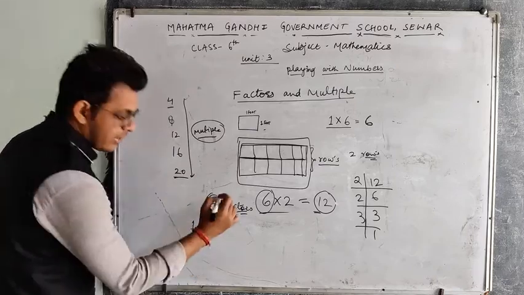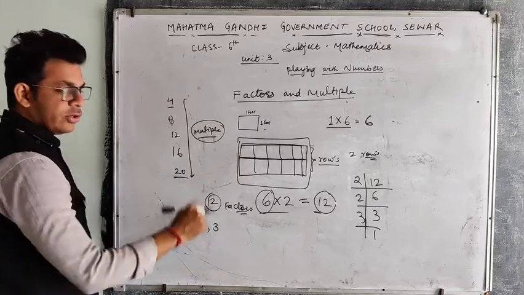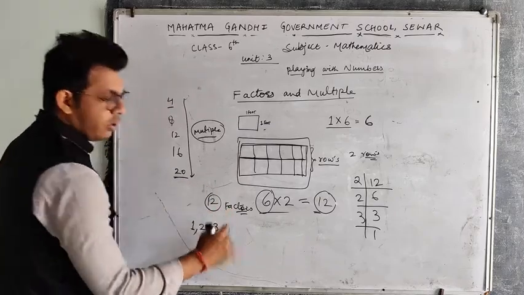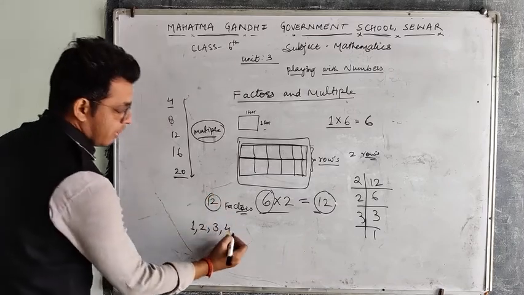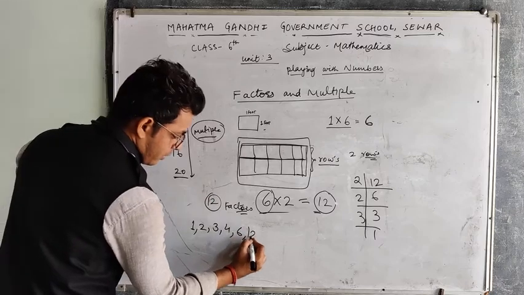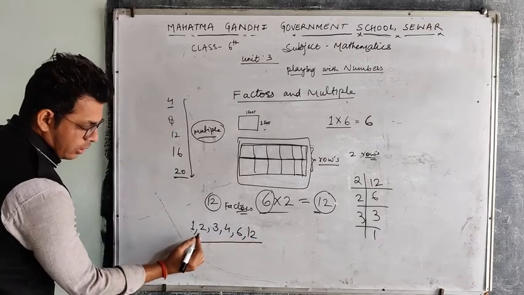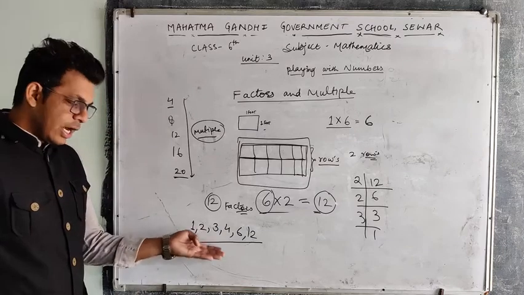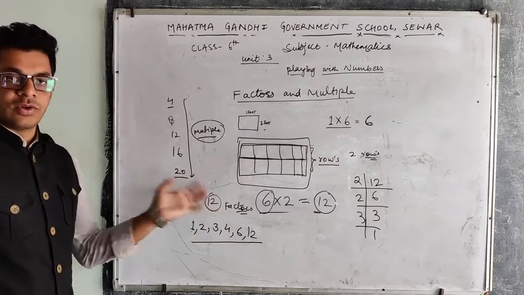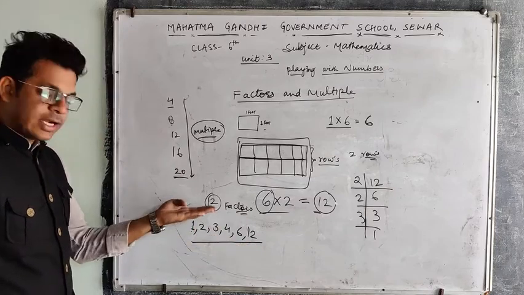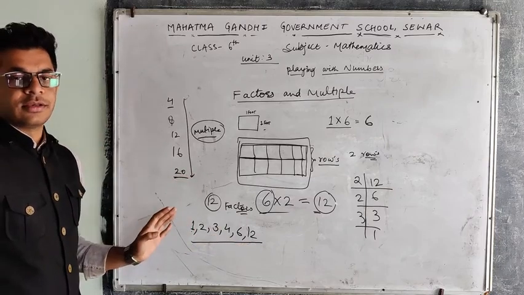If I write 3, 3 fours are 12. If I write 4, 4 threes are 12. If I write 6, 6 twos are 12. If I write 12. So 1, 2, 3, 4, 6 and 12 are the factors of 12. It means these numbers divide 12 completely.